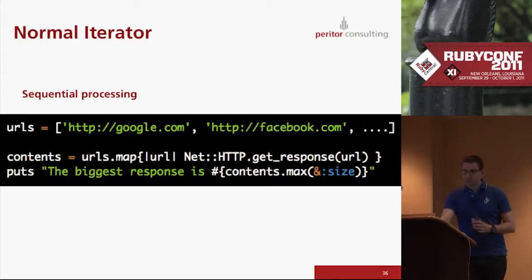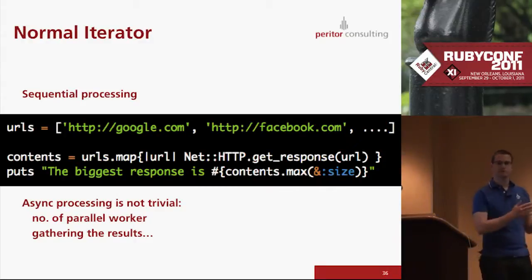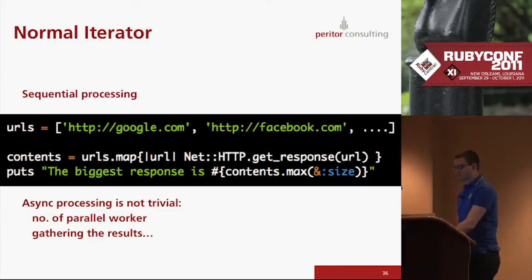If you want to do this, we already learned that with EventMachine it's a lot easier to do this in parallel, but still you have a lot of coordination work to do. You have to keep track of the number of parallel threads. You have to somehow store the intermediate results, and then at the end iterate over those. And this is exactly the shortcut that EM-Iterator gives you.